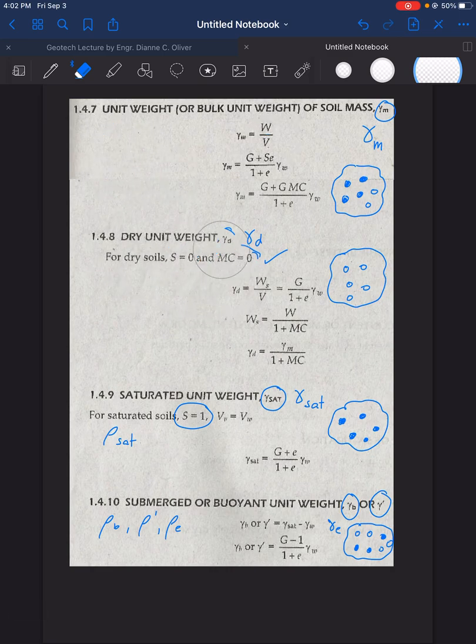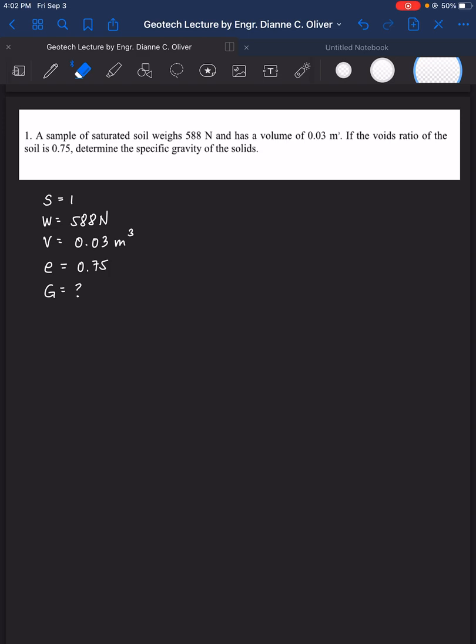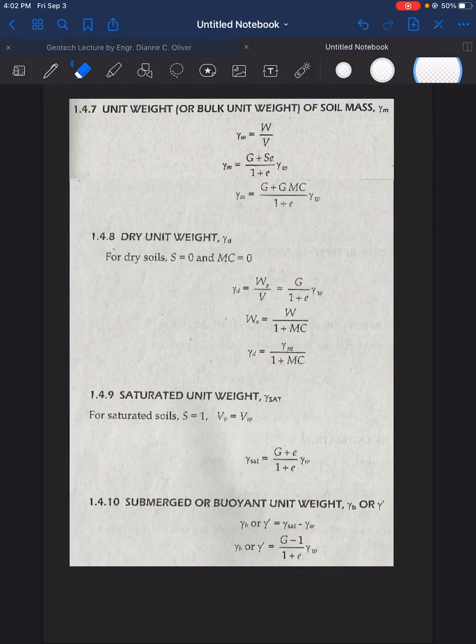Okay, let's erase all of it. Okay. So we're talking about saturated soil. So if we're talking about saturated soil, then we're dealing with the gamma sat. So let's copy this formula here. So gamma sat is equal to G plus e all over 1 plus e times gamma w.